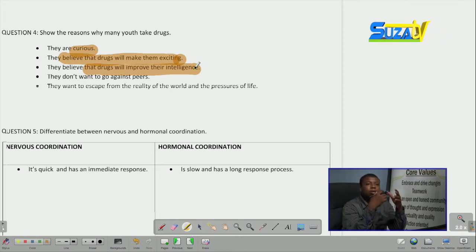So many youth in examination classes such as Form 4, Form 2, even Form 6, or in universities, also think that by taking drugs they can make their minds concentrate more on studying. So they start taking drugs thinking it would help them gain more intelligence.